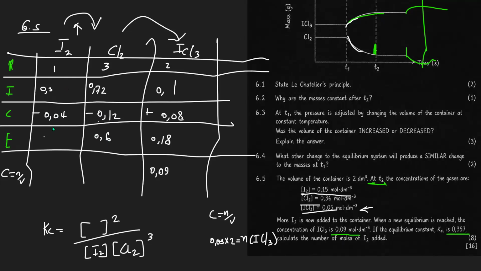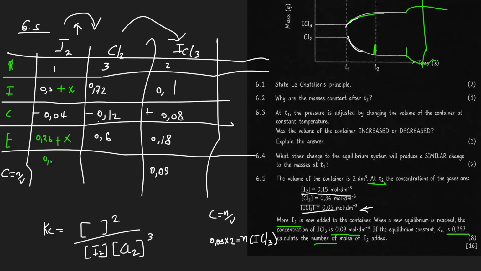Okay, we are not yet including something there. So let us listen to the statement. More I2 was added. What does that mean? It means that you're going to add an amount that is not known. And they ask you to calculate the number of moles of I2 added. So more of this was added. So when you subtract, to add this, you're going to get 0.26 here, and then plus X, which is going to be in equilibrium.